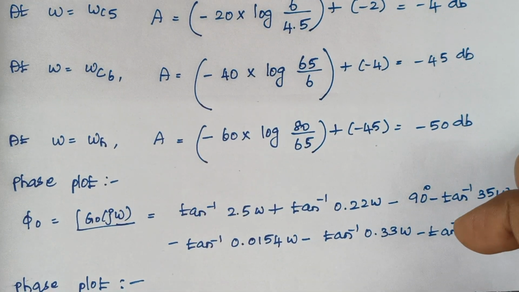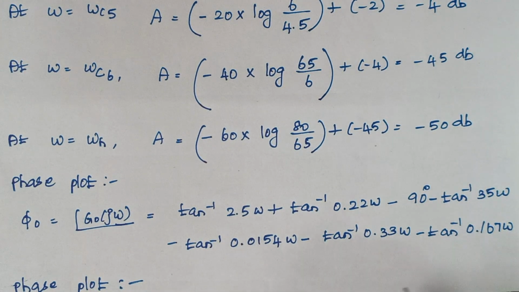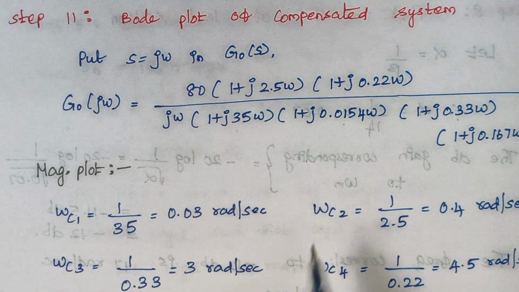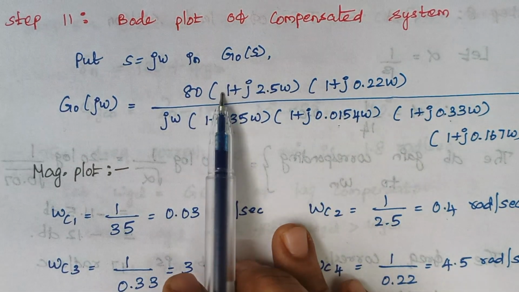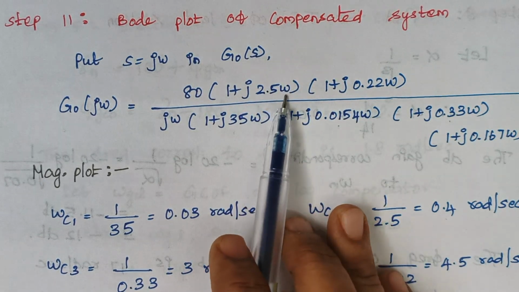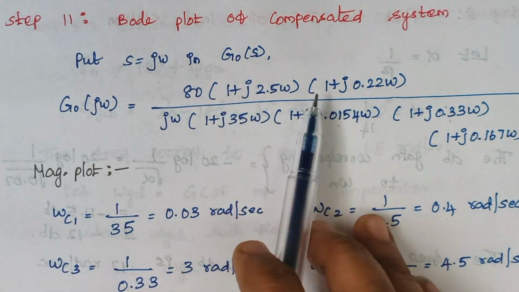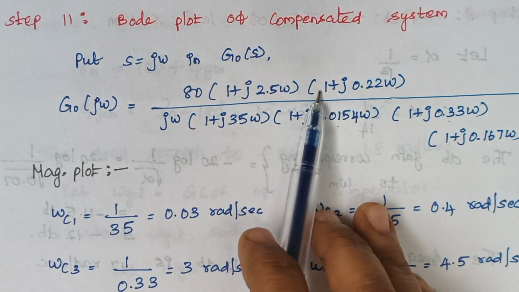So here how to calculate the phase plot? Again tan inverse of imaginary coefficient divided by real term. So here in our transfer function, you see this is the given transfer function, right? We have to start from the numerator. So tan inverse of 2.5 omega divided by 1, and again plus tan inverse of 0.22 omega divided by 1.